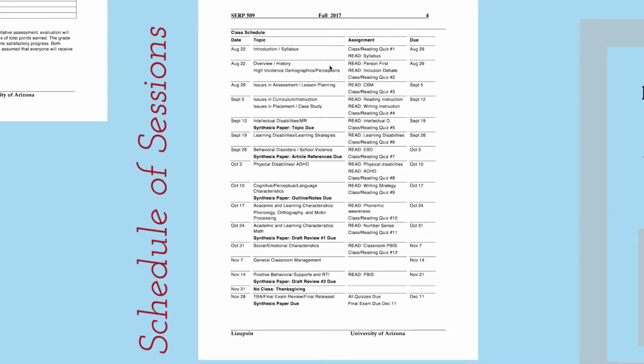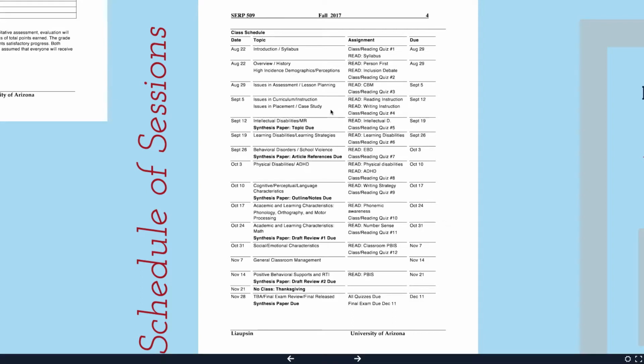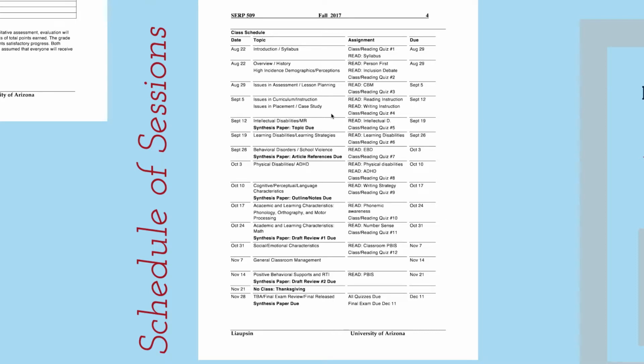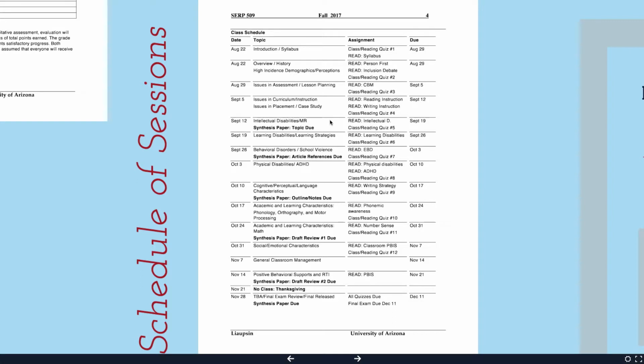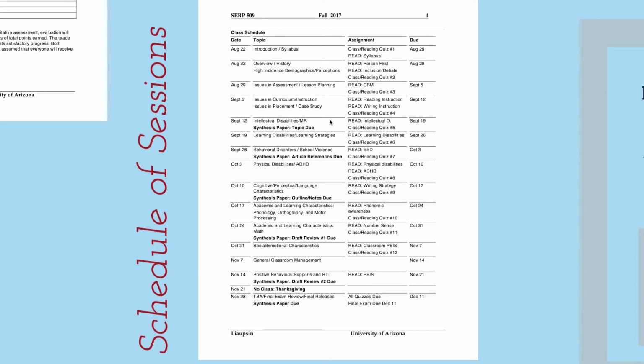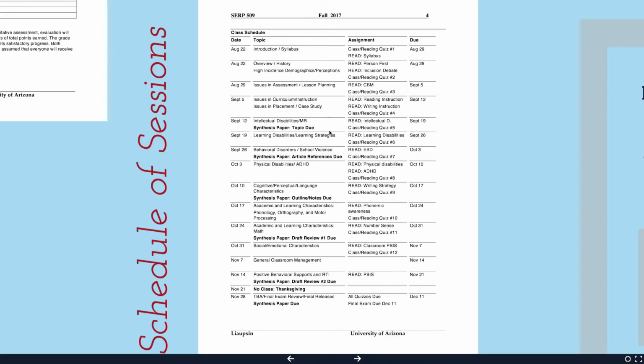We talk about assessment and lesson planning. We talk about curriculum issues, instructional issues, placement issues, and then we start to talk about the actual specific disability areas themselves. Intellectual disabilities, learning disabilities, behavior disorders, ADHD, and physical disabilities.